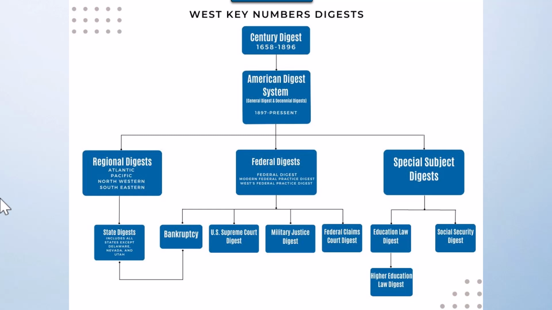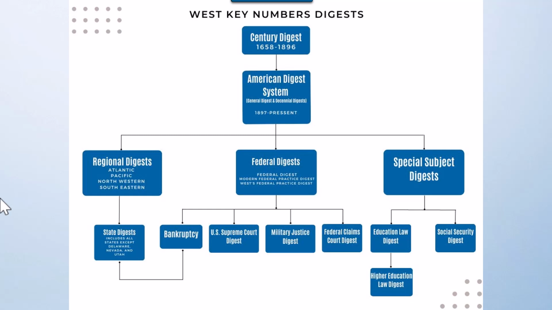I don't know why there's 3. It could just be that at the time West created the digest system, there were just not enough lawyers and law librarians and judges in those 3 states to make it financially plausible. I don't know. There is a digest for every other state.